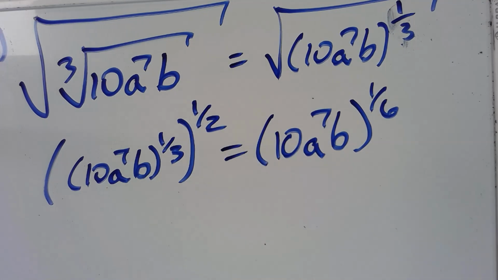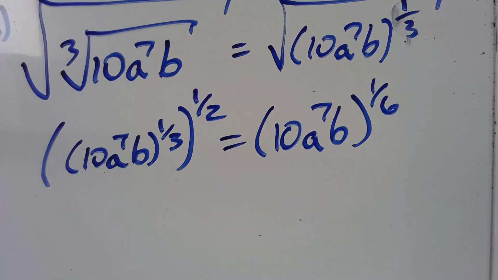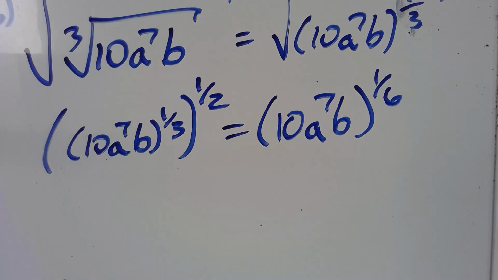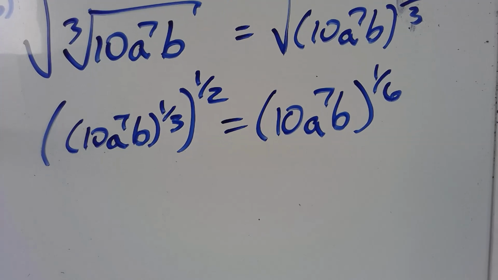All right, so we can actually simplify right now because what size groups are we looking for? 3. 6, 6, 6, 6. Because we multiplied these two. Power to a power.